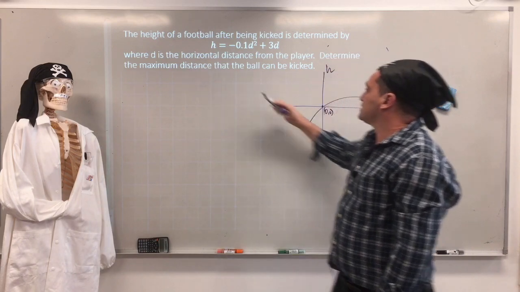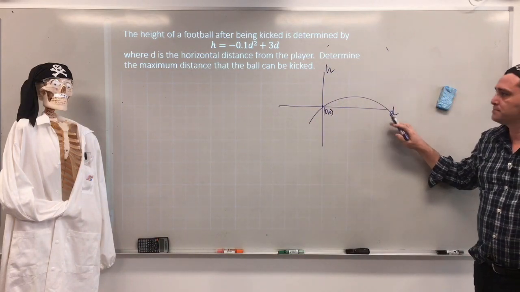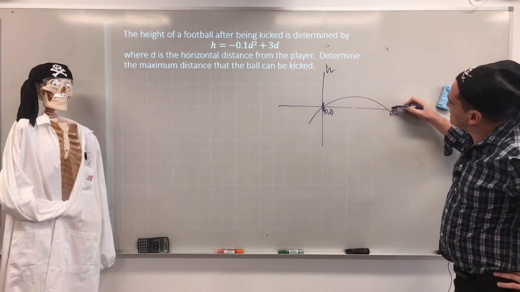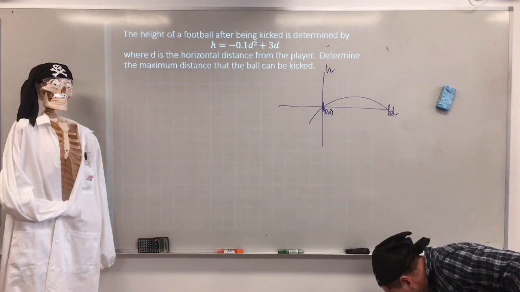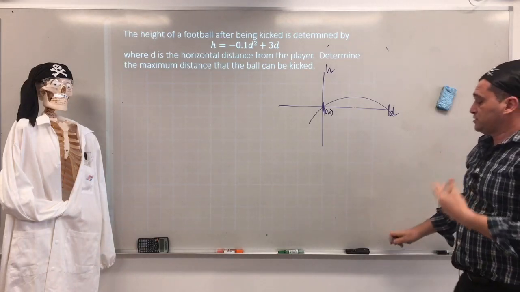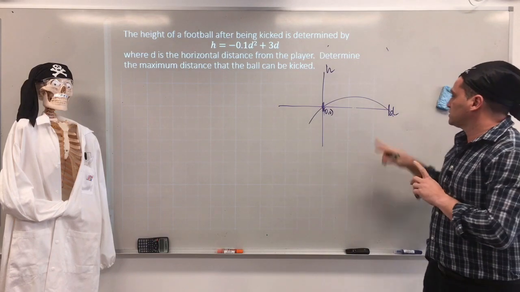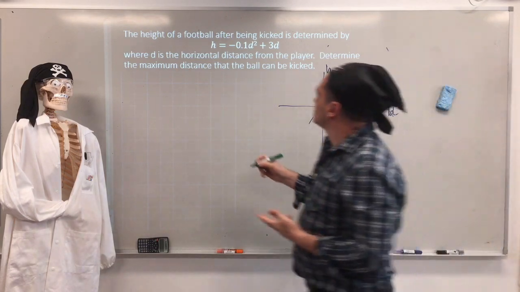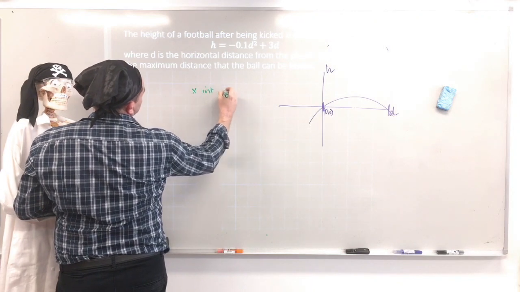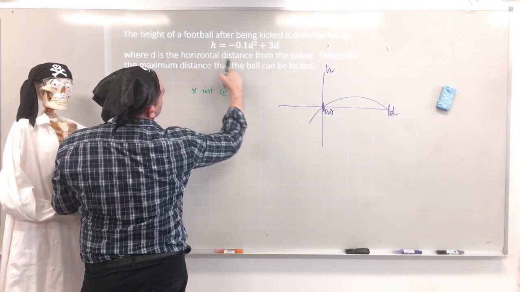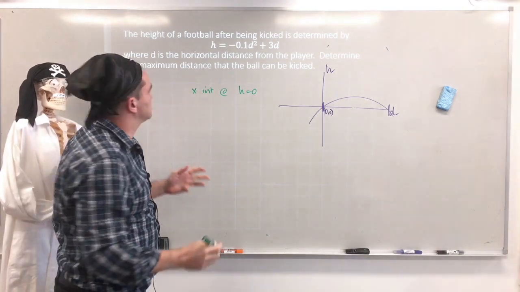So we know it's going to look something like that. The distance that the ball can be kicked is going to be when the ball hits the ground again. So what we want to know is the distance from here to here, or the distance between our x-intercepts. So we need to determine what our x-intercepts are. Our x-intercepts are where the height is 0.